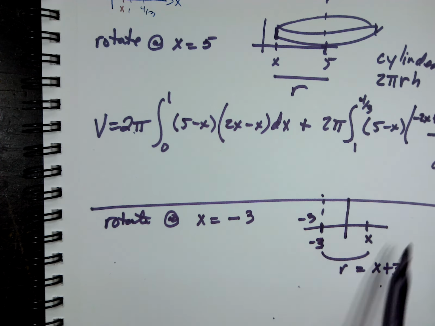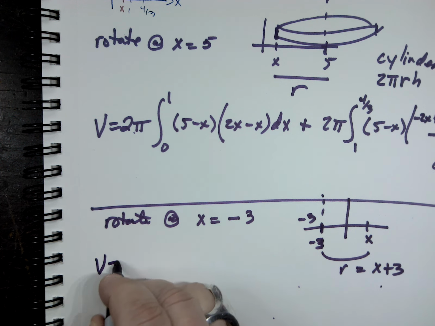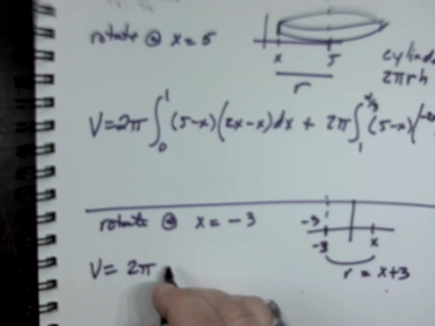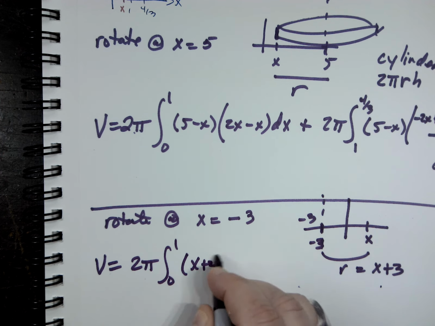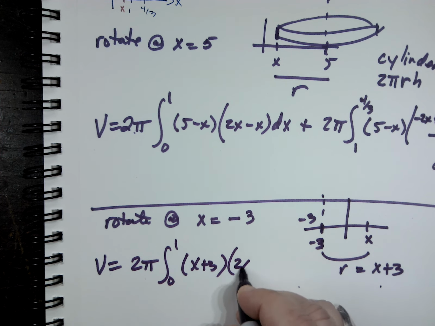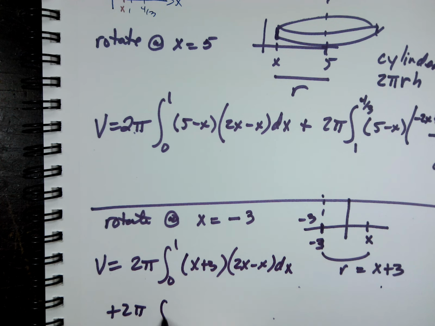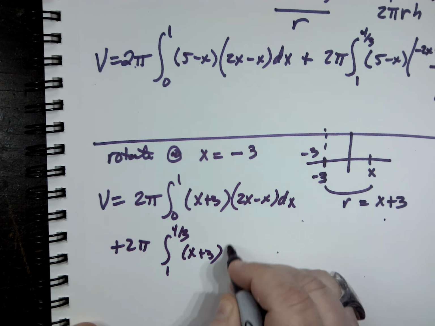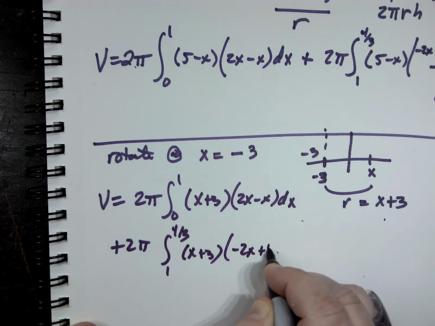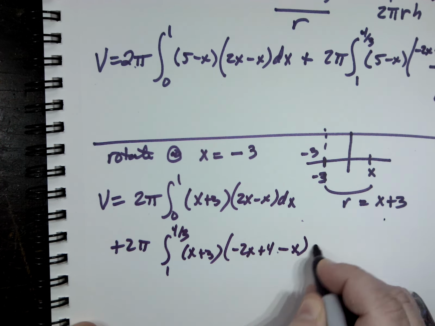So I don't really need to draw all that. I'm still going to have a cylinder. So my volume will be 2 pi integral from 0 to 1 of x plus 3 times the height, 2x minus x dx, plus 2 pi integral from 1 to 4/3 of x plus 3 times negative 2x plus 4 minus x dx.